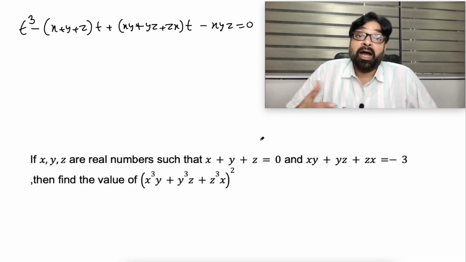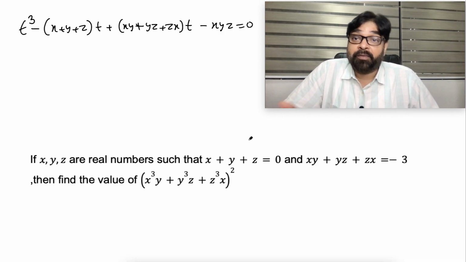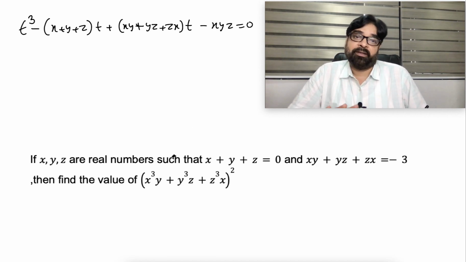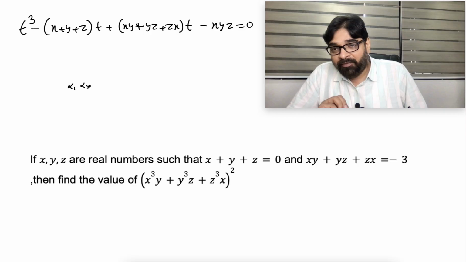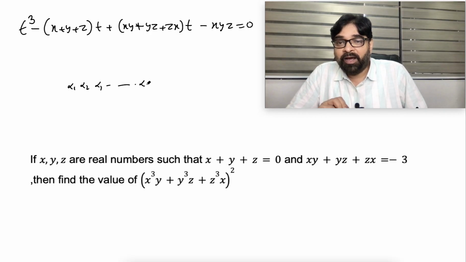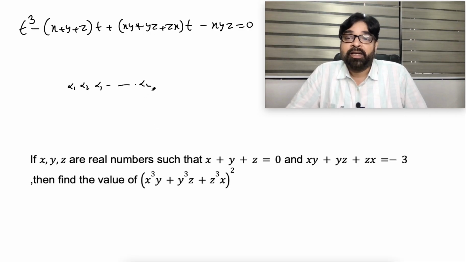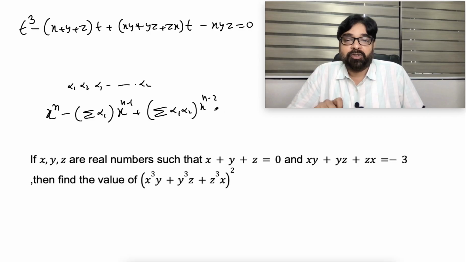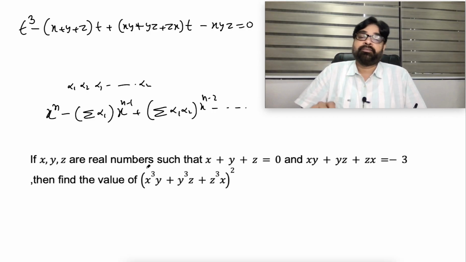If alpha, beta, gamma are the roots of any cubic equation, then that cubic equation can be expressed this way. Always remember, if alpha 1, alpha 2, alpha 3, up to alpha n are the roots of an n degree equation, then that equation will be written as x power n minus sum of alpha 1 into x power n minus 1 plus sum of two taken at a time into x power n minus 2 minus, and so on, equal to 0.